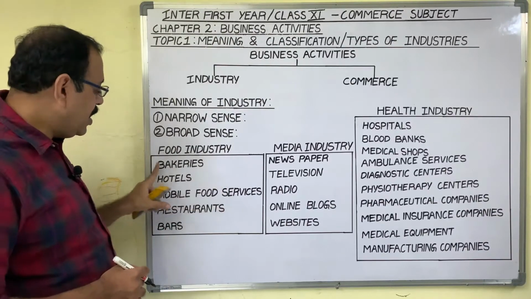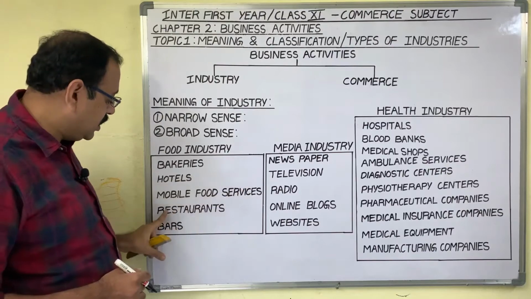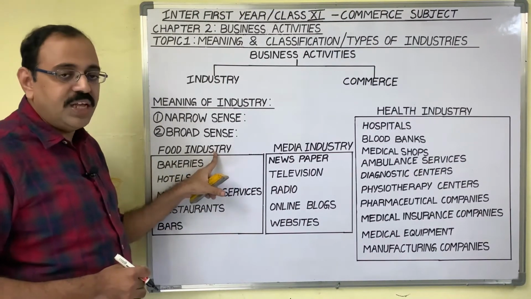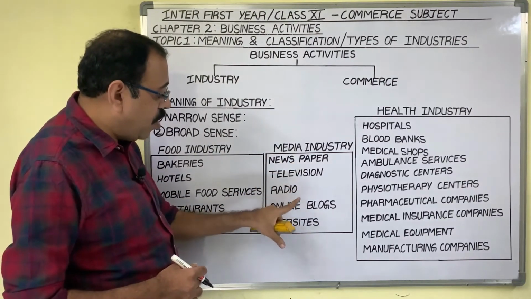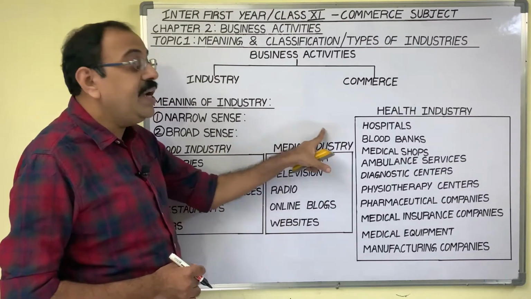For example, bakeries, hotels, mobile food services, restaurants, bars come under food industry. Newspaper, television, radio, online blogs, websites come under media industry.